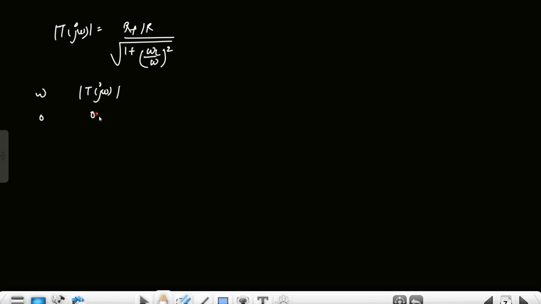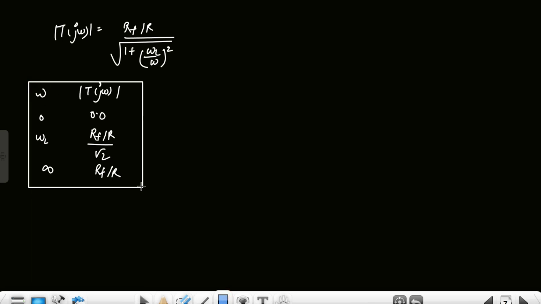So this magnitude will be Rf upon R, upon the square root of 1 plus omega L upon omega, whole squared. For zero frequency, the magnitude will be 0, because the denominator will be infinite and Rf upon R is finite. So it will be 0. At omega equal to omega L, this term will be 1, so the magnitude will be Rf upon R divided by root 2. And at infinite frequency, this term will be 0, so the magnitude will be simply Rf upon R.